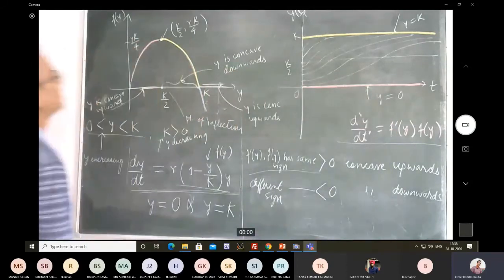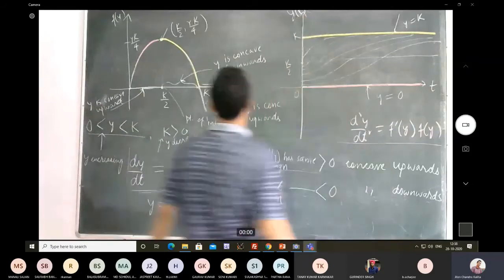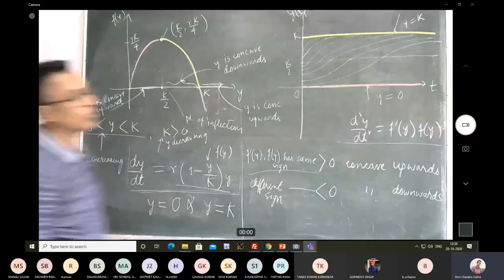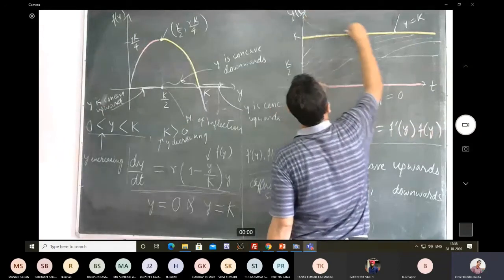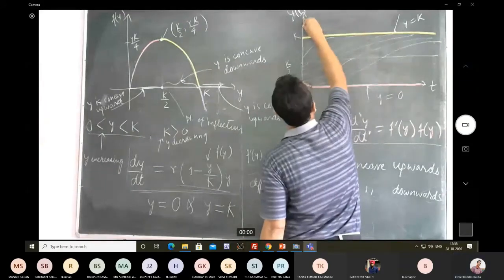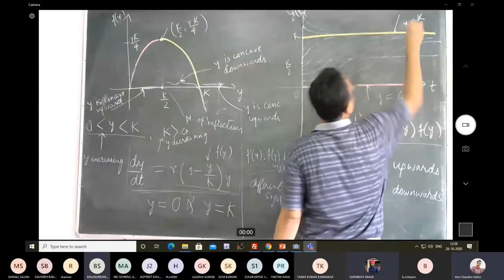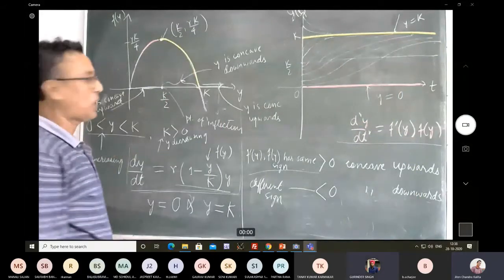Okay. Now, when y is greater than k, what is going to happen from here? Again, it is going to be concave upwards. So that means this shape is going to be something like this, isn't it? Are you getting my point? Okay, fine.